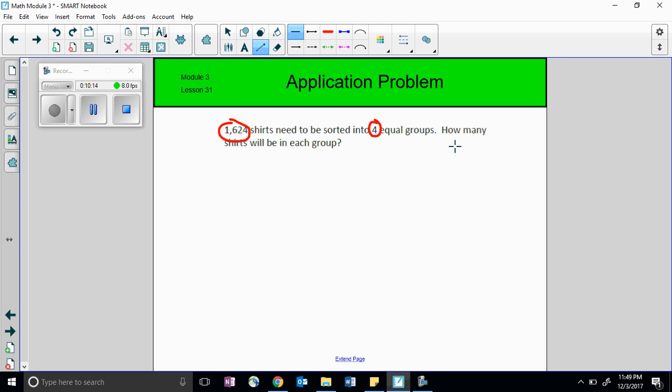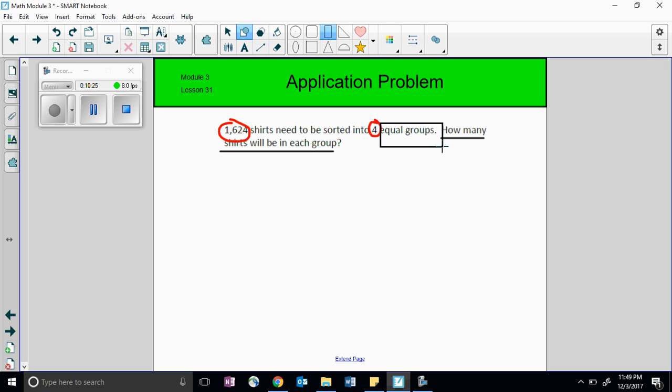It's part of CUBES. Look at the anchor chart. How many shirts will be in each group? Box some action words, equal groups. And the word sorted, because that could mean separate. Evaluate and solve, ES. So, going to move on.